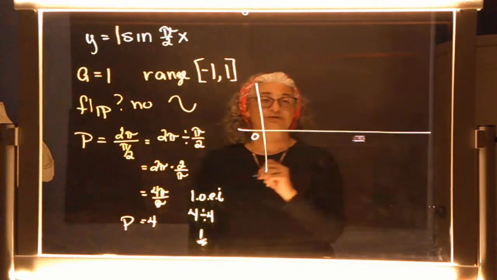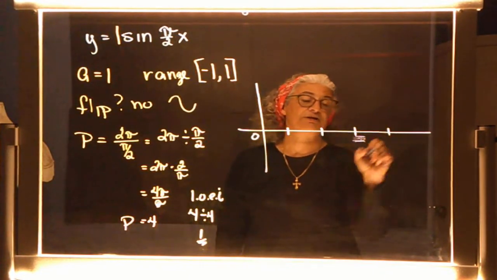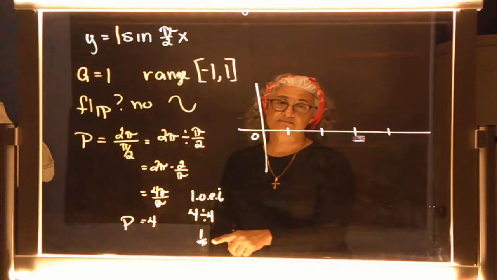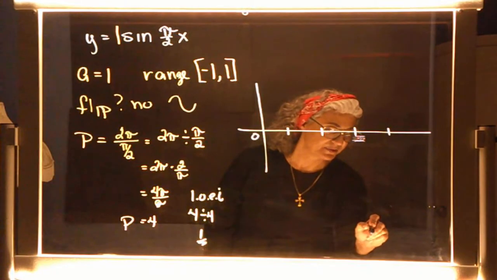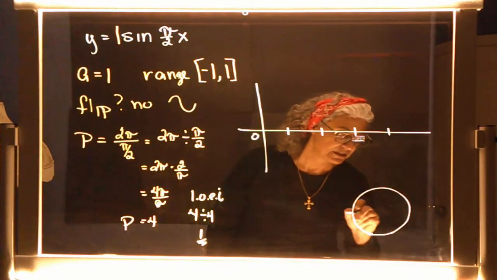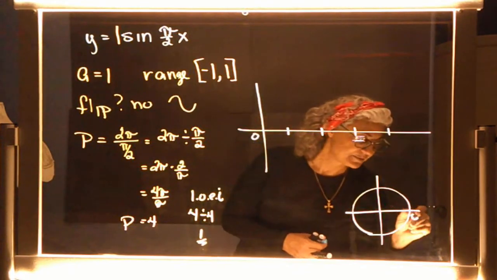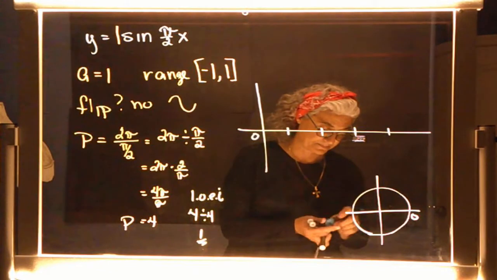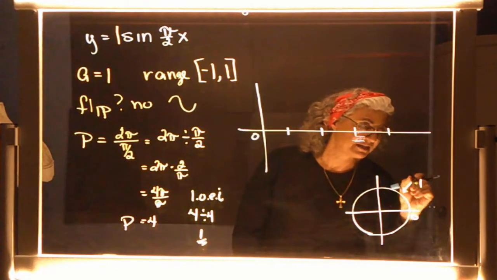Still starting at 0. I still have 4 quadrants, which means I still have 4 intervals. And now the length of each interval is 1. So, remember, let me get my circle back here, because some of you may need to see it this way. I'm starting at 0, correct? And now this interval has a length of 1.